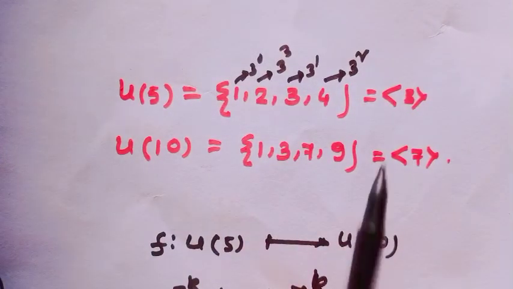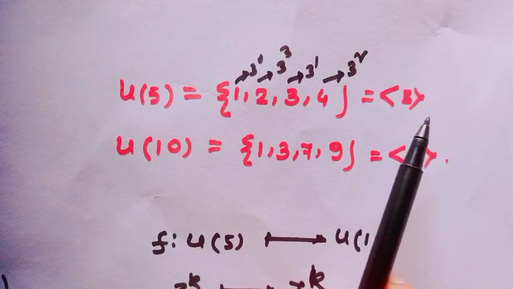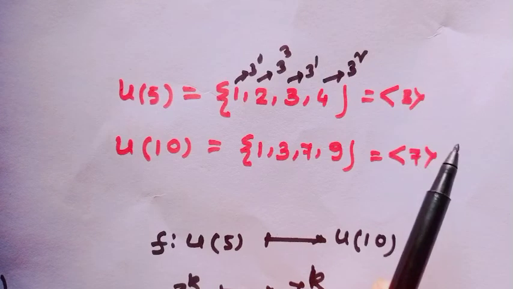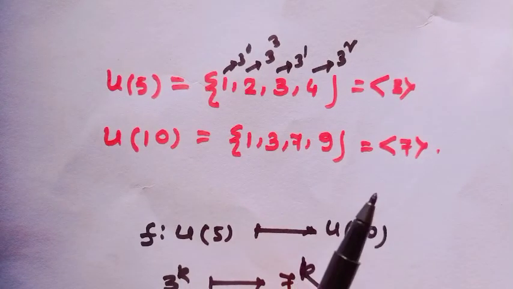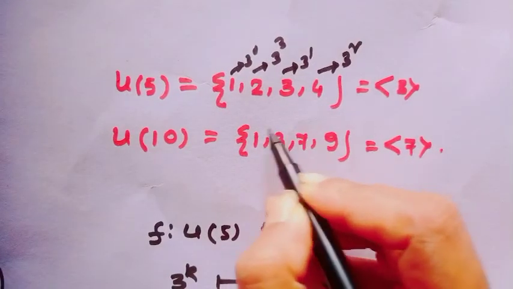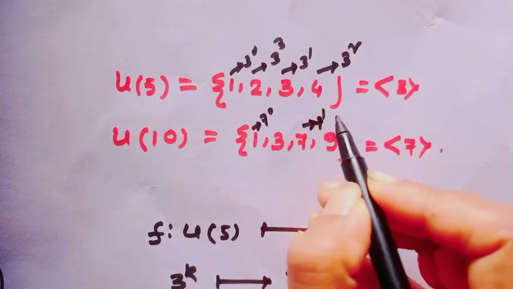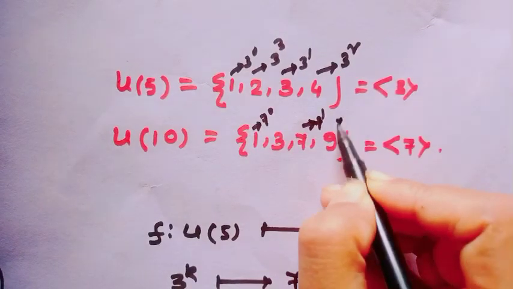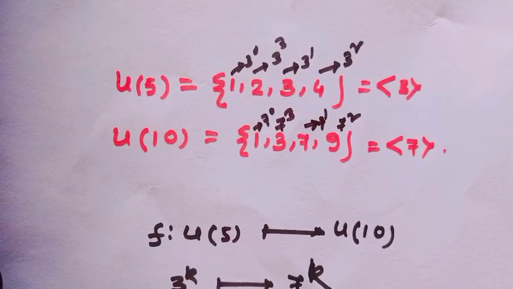Okay? So this set is the cyclic subgroup generated by 3, and the other is U10. Notice this is 7 to the power 0, this is 7 to the power 1, this is 7 square and this is 7 cube. So this group is generated by 7.